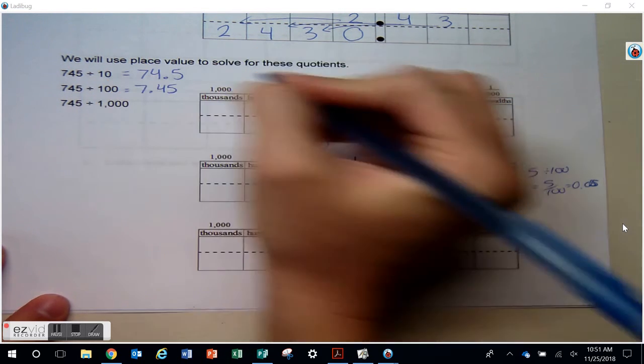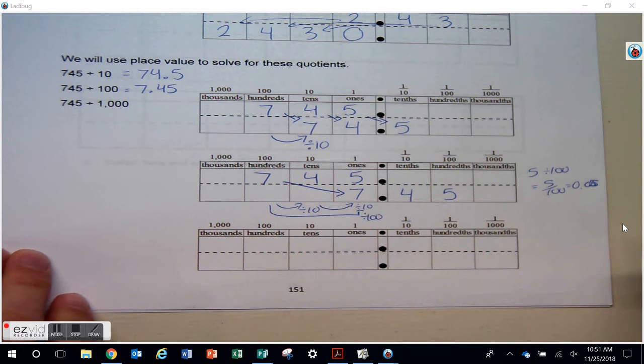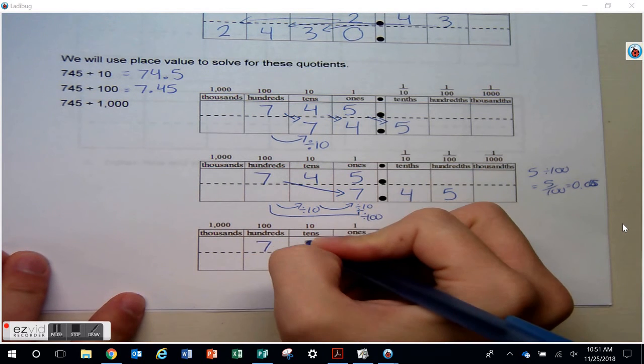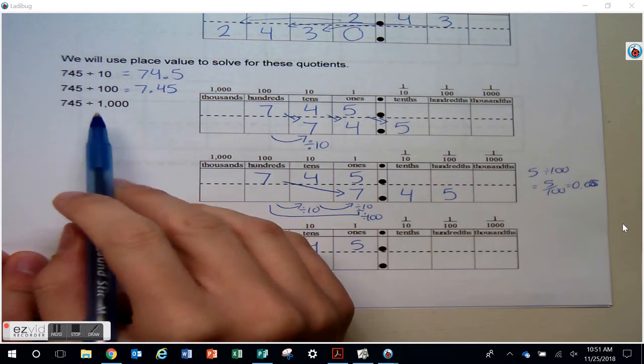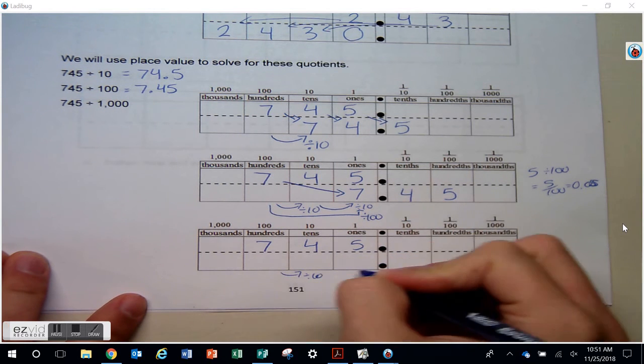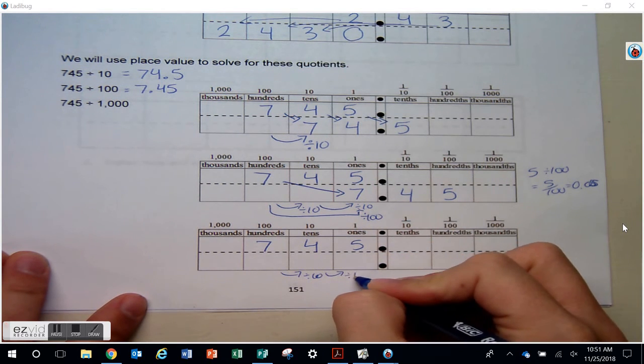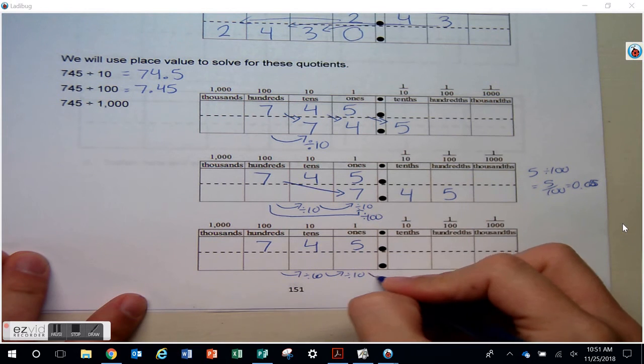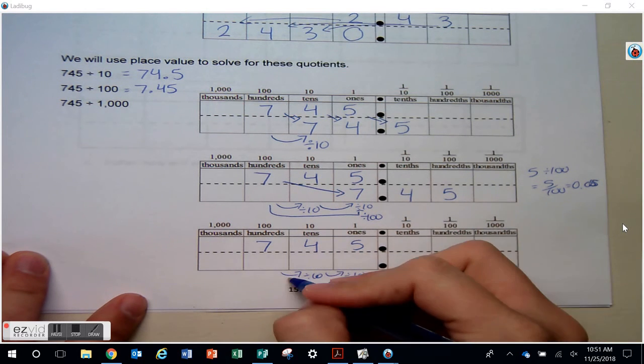Last one here, 745, and this time we're dividing by 1,000. Well, if I divide by 10, that's the same as dividing by 10, and then we can divide by 10 again. That is the same as dividing by 1,000.